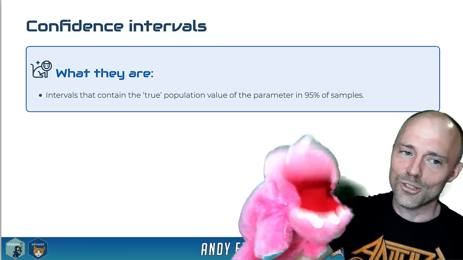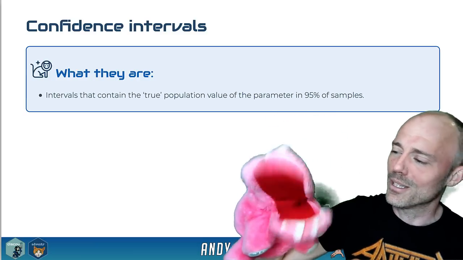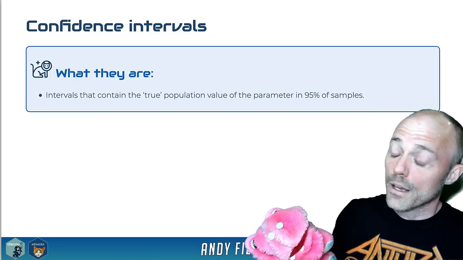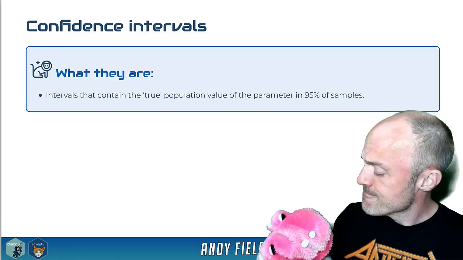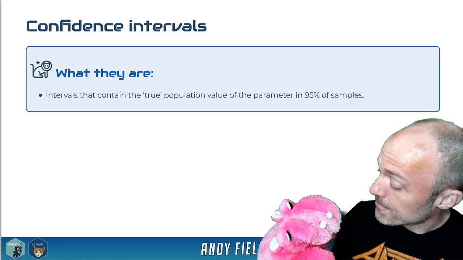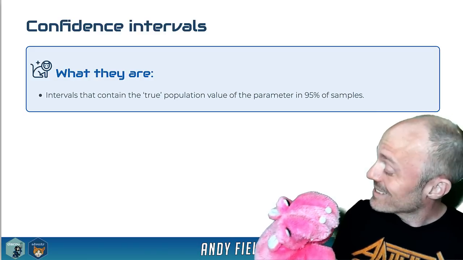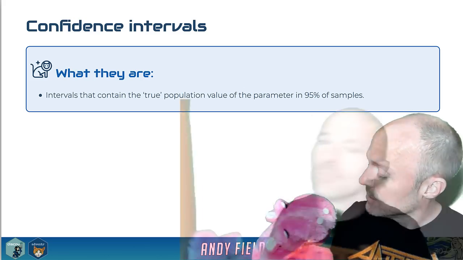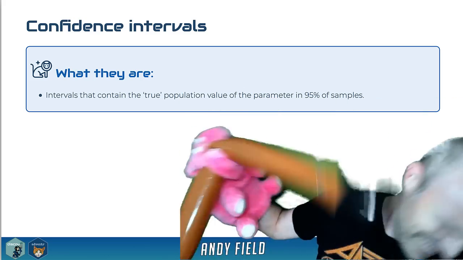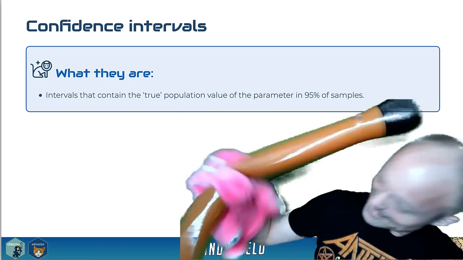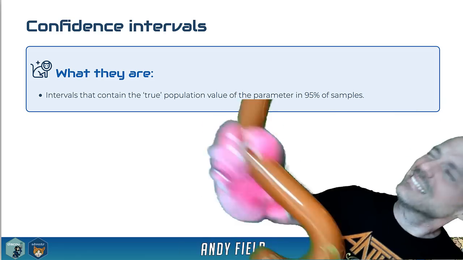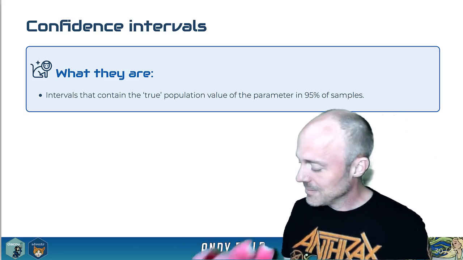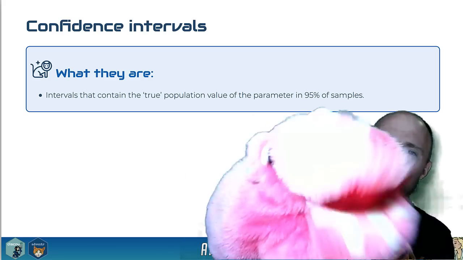It's an interval that contains the true population value of the parameter in 95% of samples. Okay. I also think it's an interval where there's a 95% probability that it contains the population value. No, no, no!